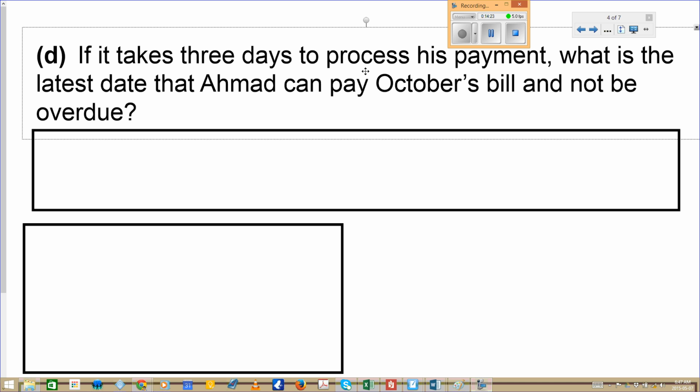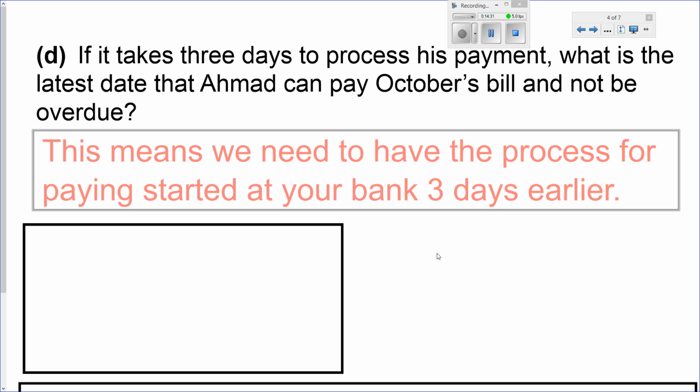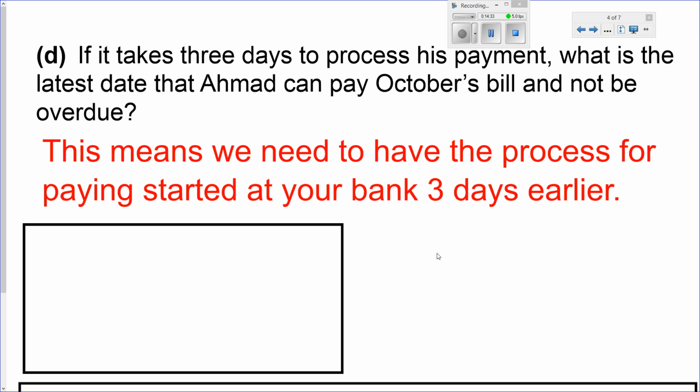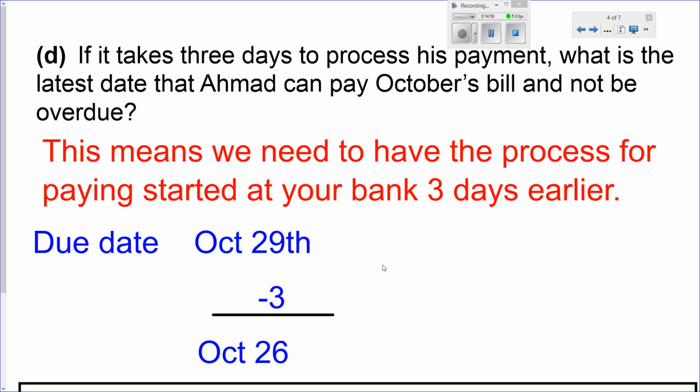What that means is that we have to make sure the money is started at the bank or at the credit company 3 days earlier than the last day of the grace period. So in this case, what we're going to do is simple. The due date is the 29th.